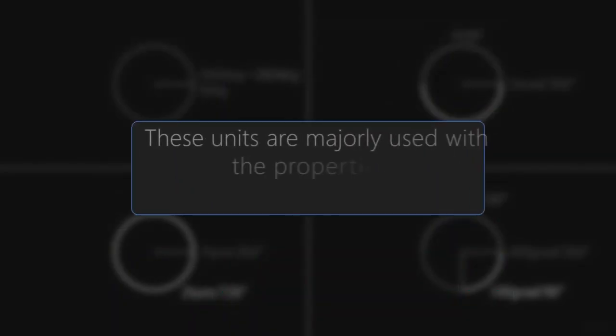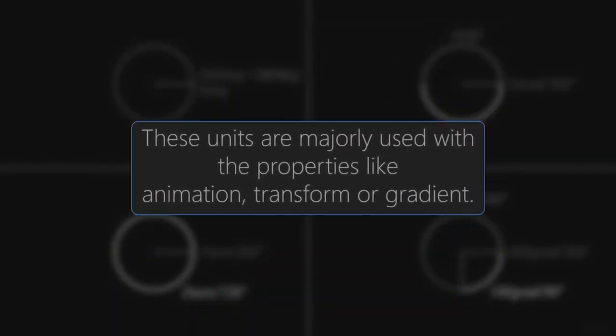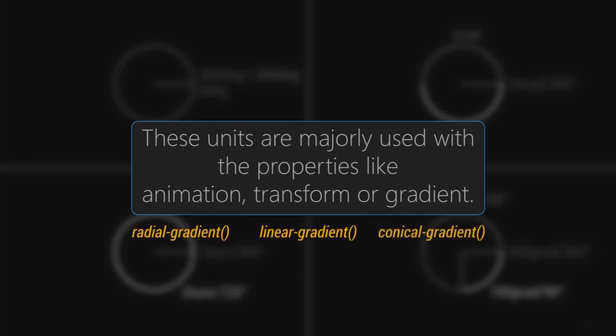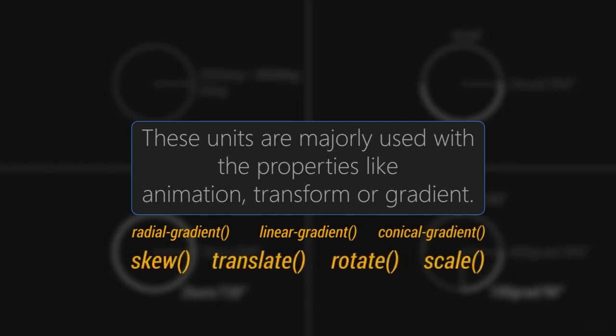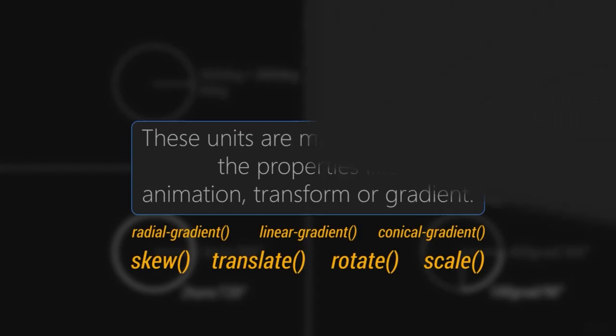These units are majorly used with the properties like animation, transform, or gradient properties such as radial gradient method, linear gradient, conic gradient, also used with functions like skew, translate, rotate, scale, etc. All these are advanced concepts which I will cover as we move along. So this was about the angle measurement units in CSS.